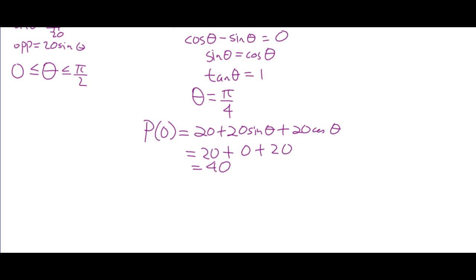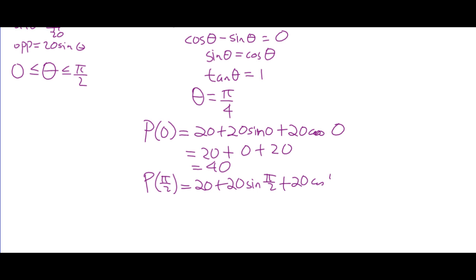If we do p of pi over 2, the other boundary, we get 20 plus 20 sine pi over 2 plus 20 cos pi over 2, which is 20 plus 0... which is 40.